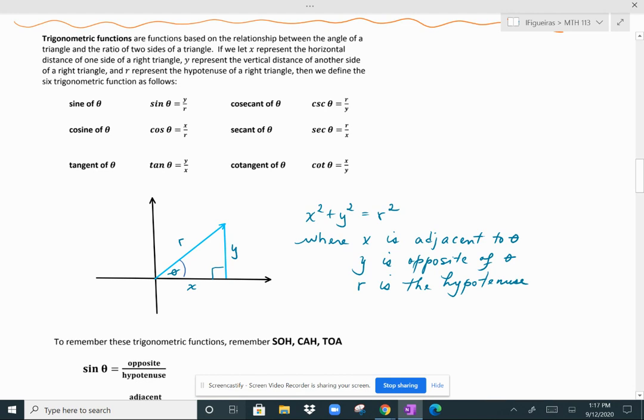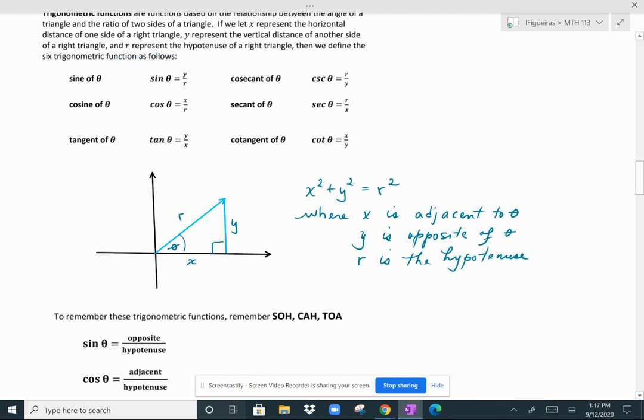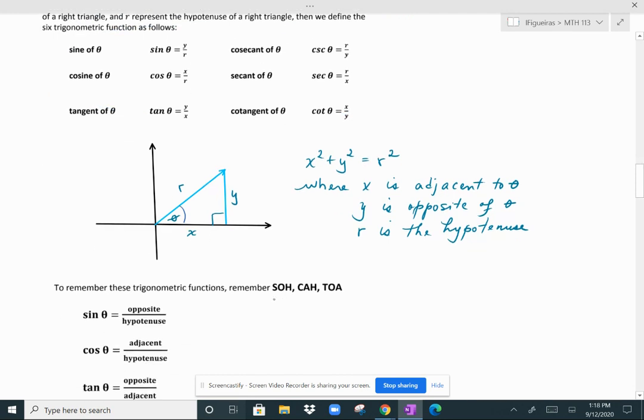So instead of memorizing this, which may be a little hard, here is a little shortcut to help you memorize. This is read as Sohcahtoa, and it's just a quick way to remember what the relationships are with the sides. And so these letters mean something.